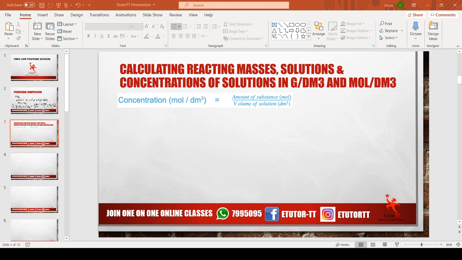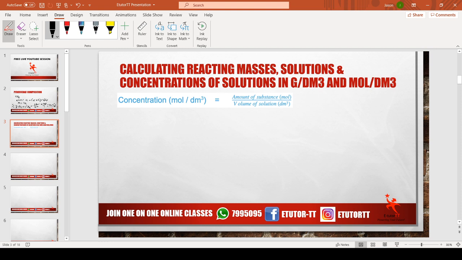So we have the concentration equals 0.1 moles per dm cube, and the volume equals 2 dm cube.